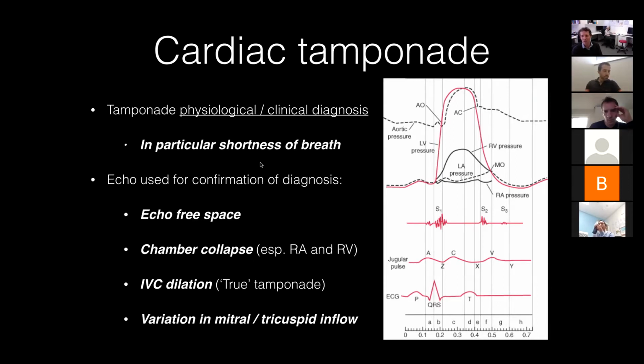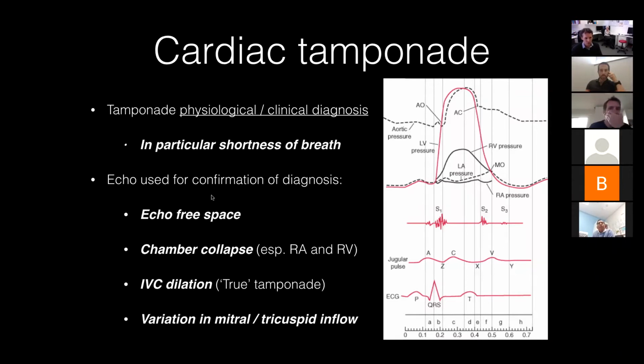Sometimes I've found it a little tricky knowing when to drain them or not. The big one for me has always been the shortness of breath. Even if you're not meeting the hypotension or the signs of shock, if someone's short of breath and they've got a decent pericardial effusion with signs of tamponade on echo, that's when I'll be deciding to drain them if we can, and we'll talk about that as we go.